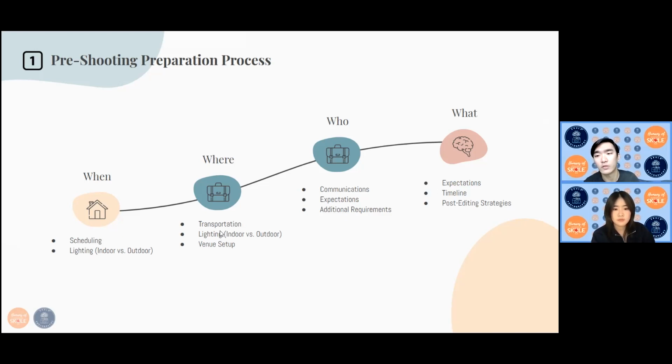What will the lighting condition be? Is it in the morning or the afternoon? Is there going to be sun outside? That kind of thing. And then you have to figure out where the shoot is. Is it going to be indoors or outdoors? Is there going to be strong indoor lighting, incandescent bulbs, or natural lighting? Where's the venue? How's the setup?